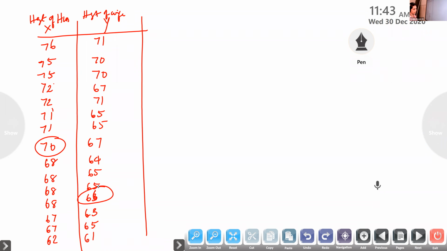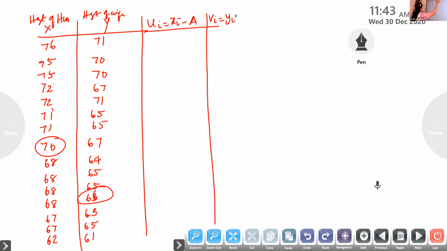I'm going to define U and V. Ui is xi minus A, and Vi is yi minus B. A is 70 and B is 66, so that we can make the numbers small. That is our aim.